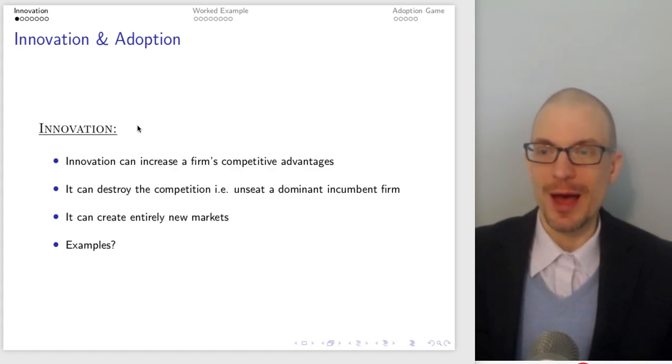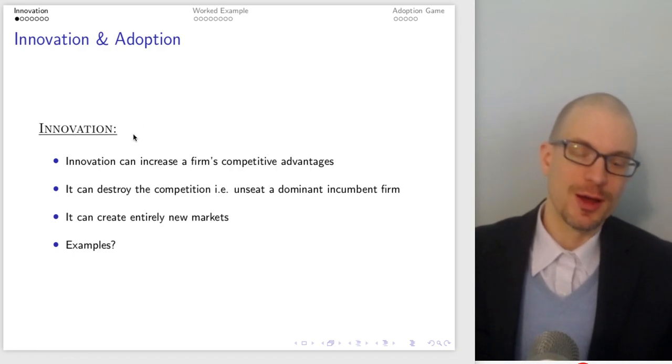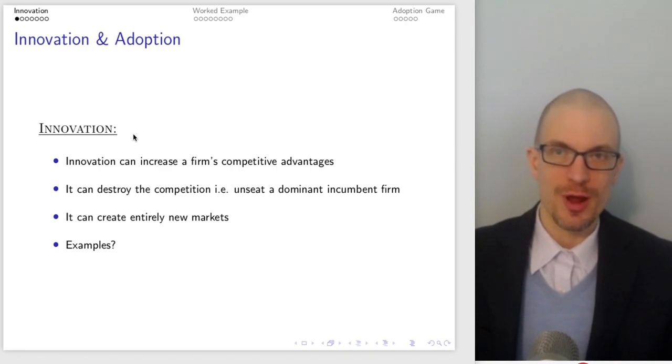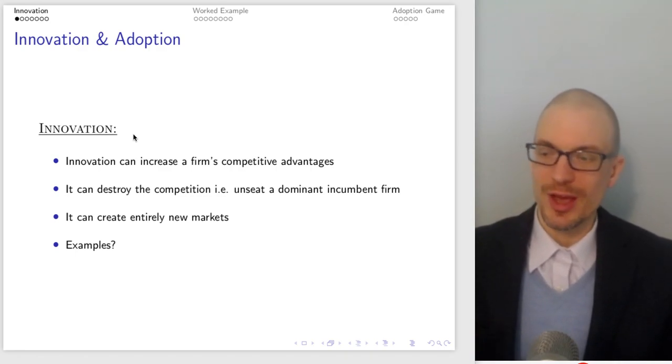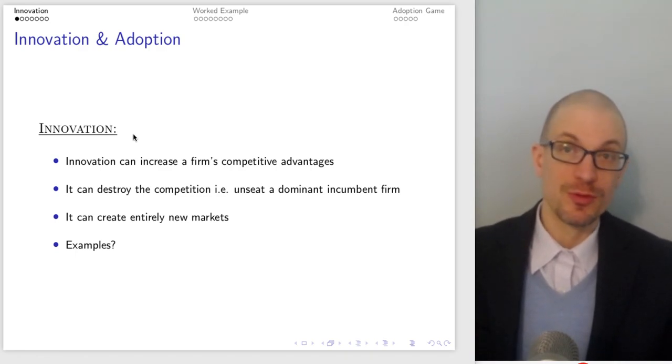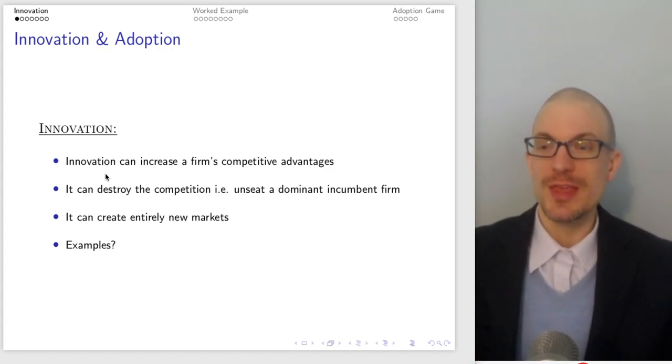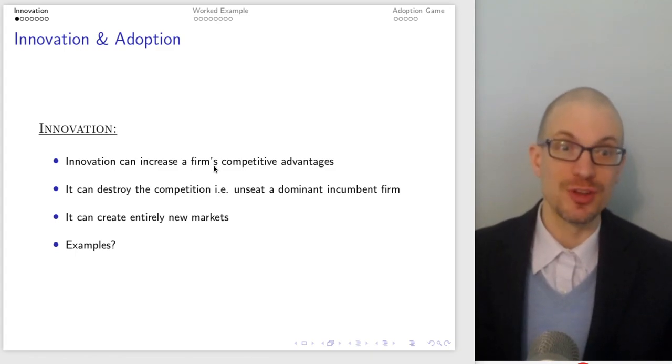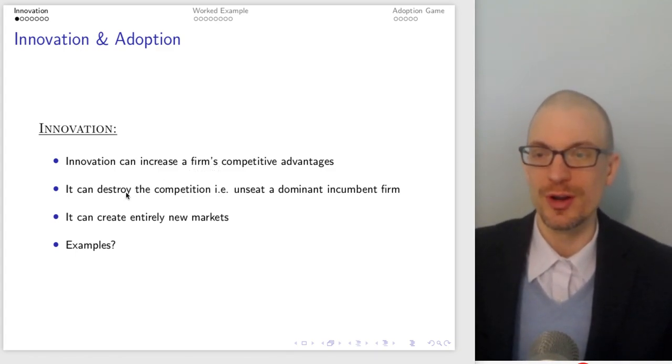By innovation, we mean something that is going to generate either some type of variations to the product itself or variations to the way in which the product's produced, right? The idea is innovation is going to presumably increase the firm's competitive advantages through these means, either by product differentiation or by cost differentiation, essentially making the cost lower.